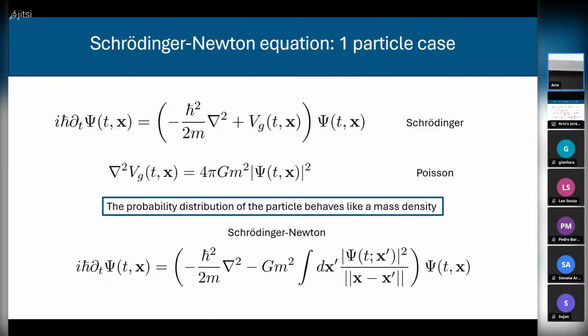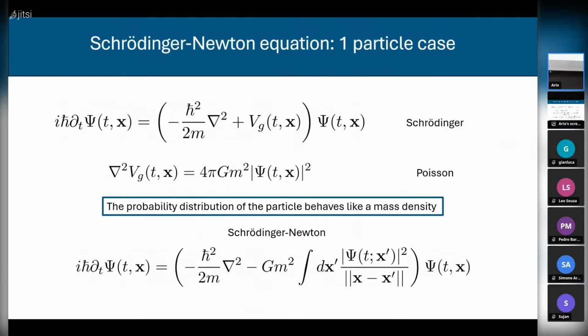The gravitational potential is sourced by the probability distribution of the particle, and this distribution gives a mass density. After you solve the Poisson equation below, you put the result inside the Schrödinger equation, and you get the Schrödinger-Newton equation, the equation at the bottom of this slide.